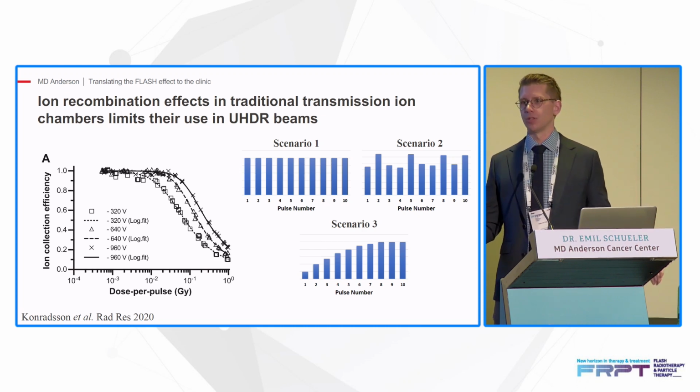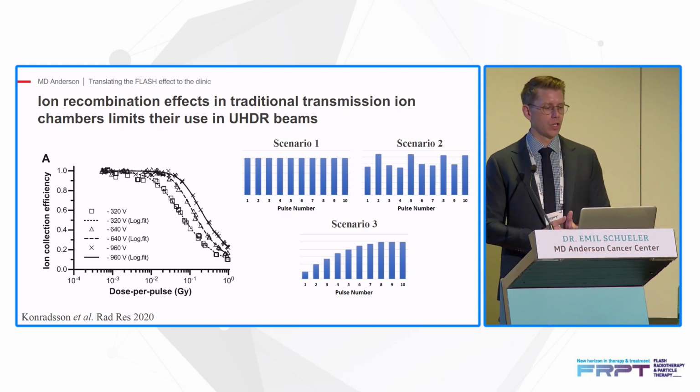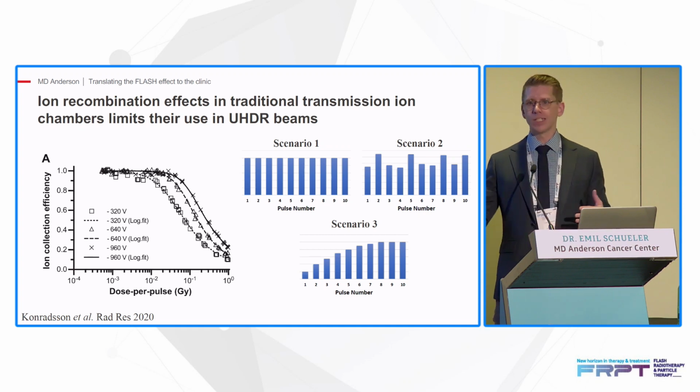Transmission ion chambers are what is traditionally used in our linear accelerators for electrons and photons. And we actually know that they can work as well when it comes to FLASH, even though they are saturated.